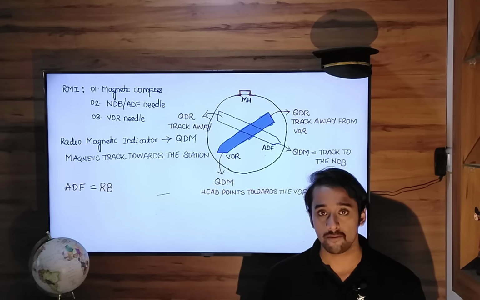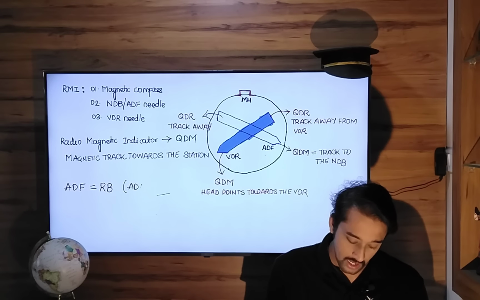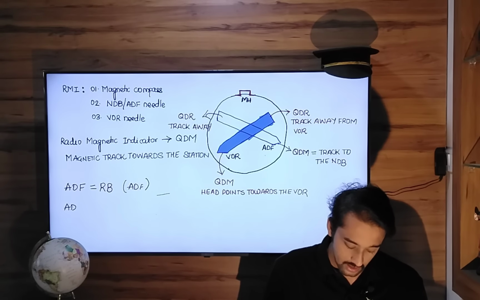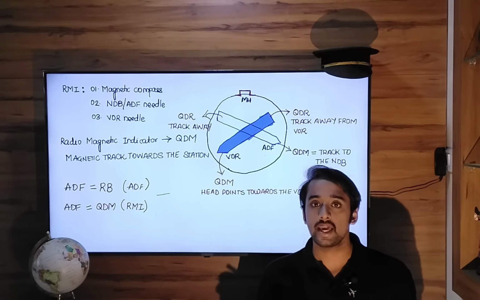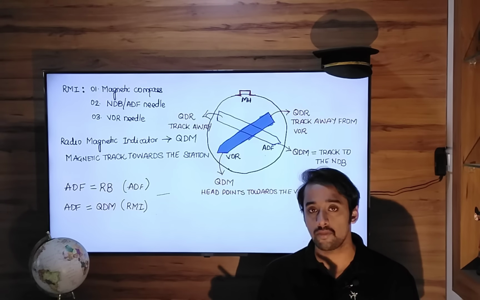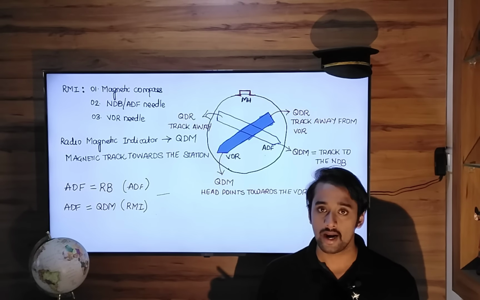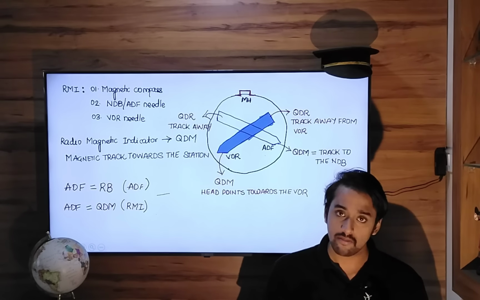But in case of RMI, the word ADF is to be associated with QDM. So in case of RMI, if the question states ADF reading is so and so, that ADF reading is not relative bearing but QDM, provided the question is about RMI. So this is the basics.